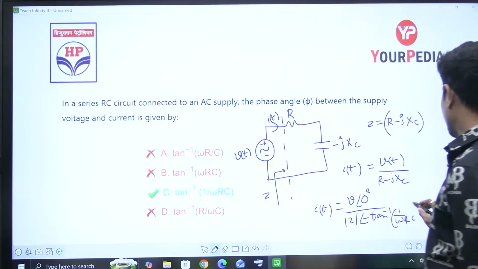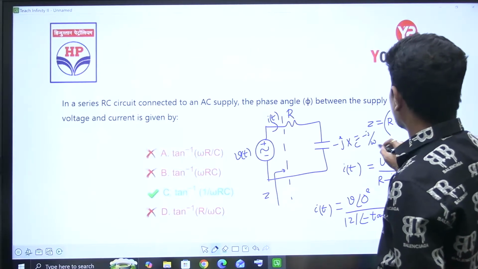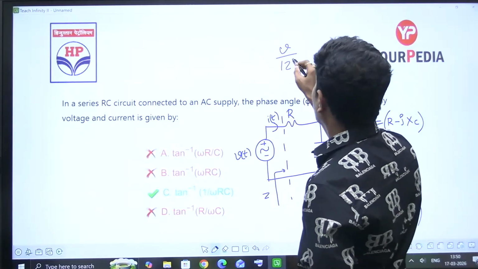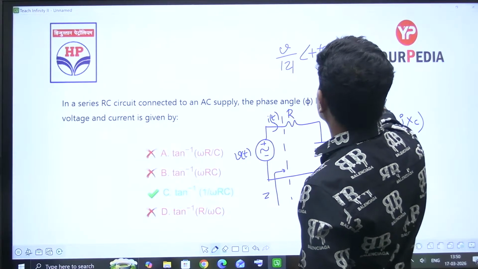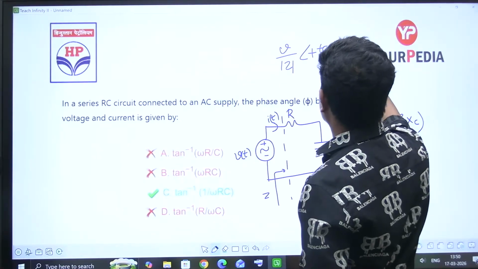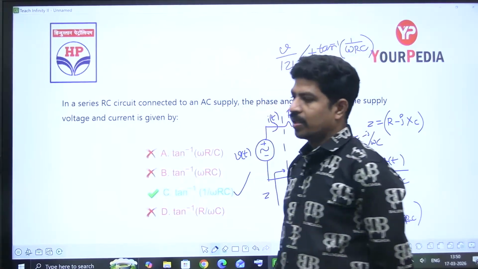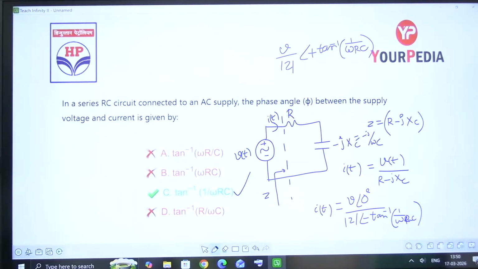XC is equal to 1 by omega C. Now this angle goes to the upside: V by mod Z at an angle of plus tan inverse of 1 by omega RC. Option is C.